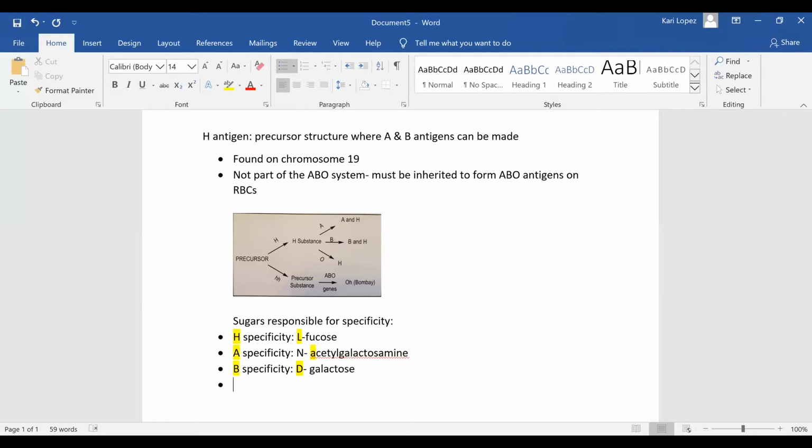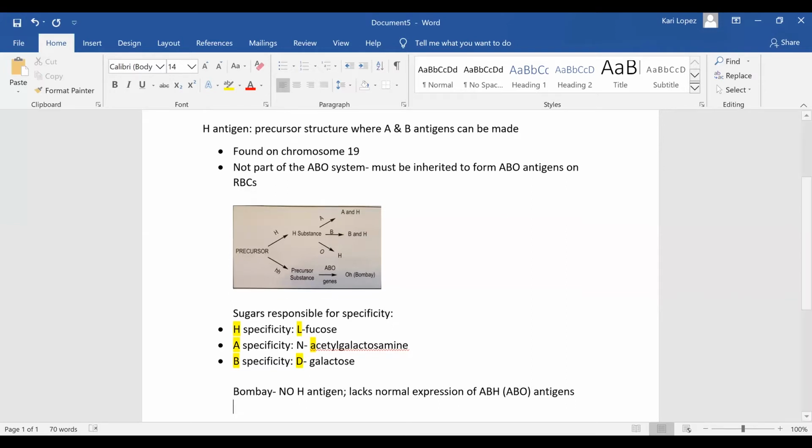And now, as I mentioned earlier, you have the special type that is Bombay. And what happens there is no H antigen, which means it lacks normal expression of ABH, or it could also be ABO, or the equivalent of ABO antigen.